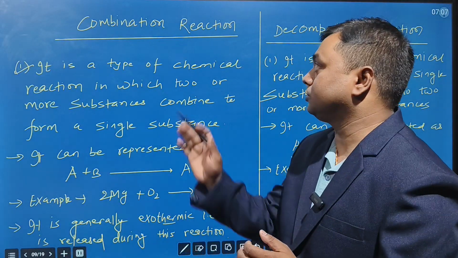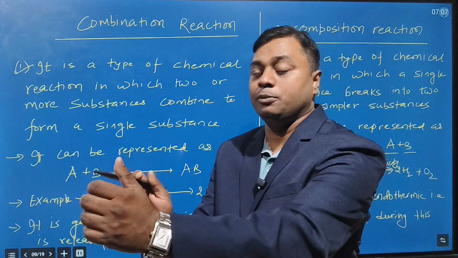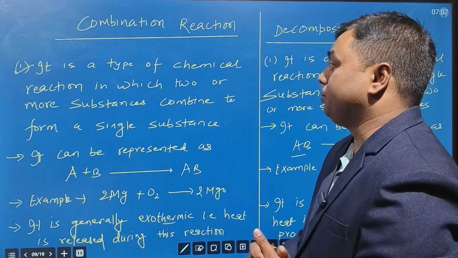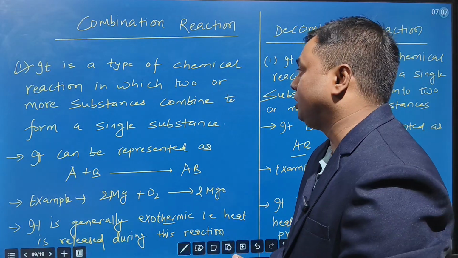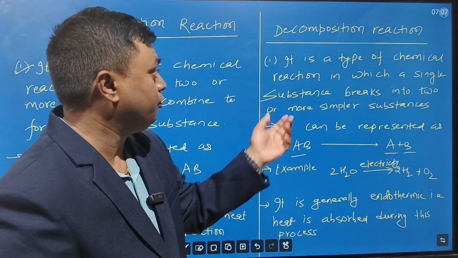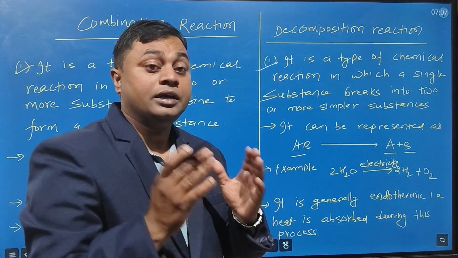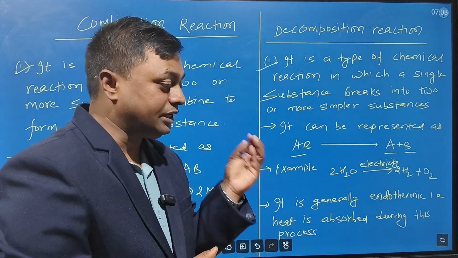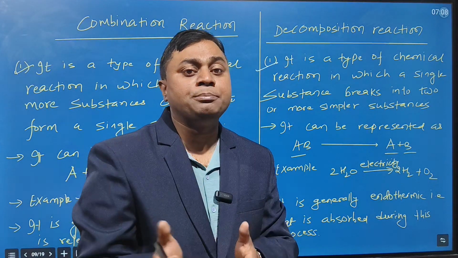Here you can see the differences between combination and decomposition reactions. Combination reaction is a type of chemical reaction in which two or more substances combine to form a single substance, whereas a decomposition reaction is one in which a single substance breaks into two or more simpler substances.